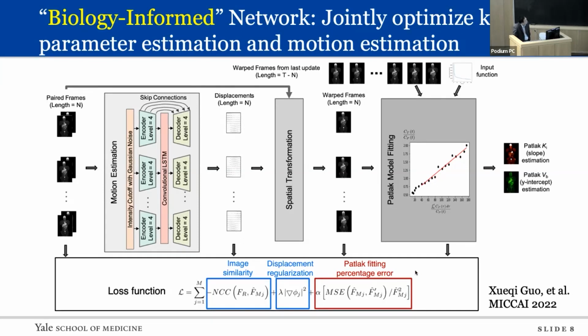In the latest work, we added the Patlak model fitting error into this loss function, because in the end we really want accurate tracer kinetic modeling and parametric image generation. It's more like a biology-informed type of network, so we can incorporate tracer kinetics behaviors into deep learning-based image generation.